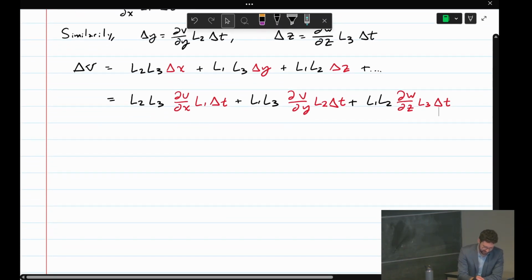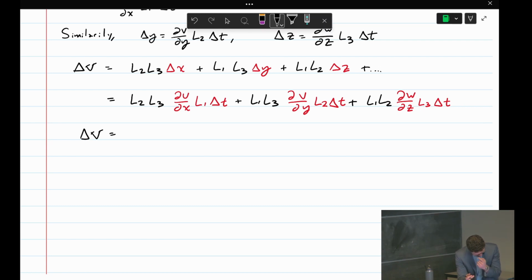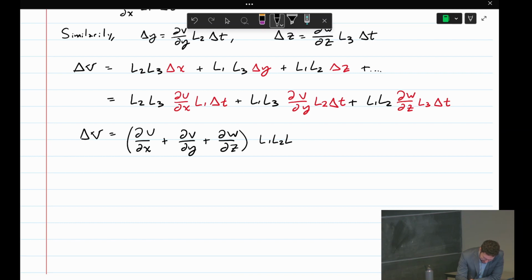We get delta v. So we're basically just going to factor this expression. We get partial u by partial x plus partial v by partial y plus partial w by partial z times L1, L2, L3 times delta t.